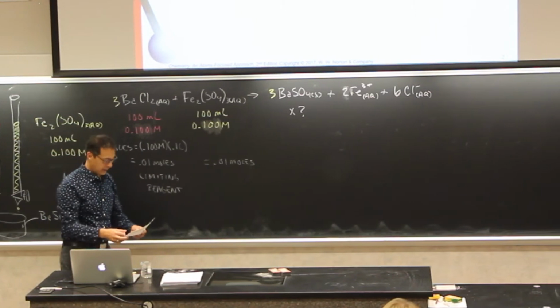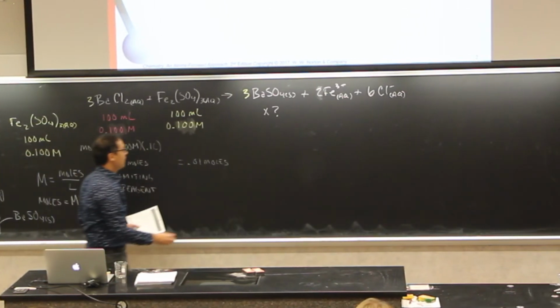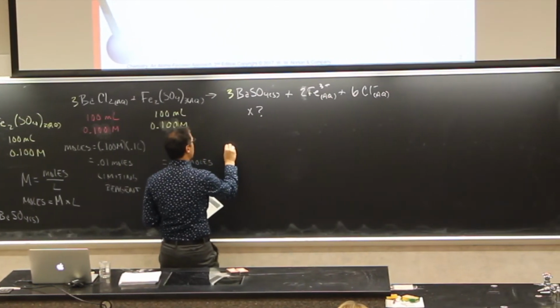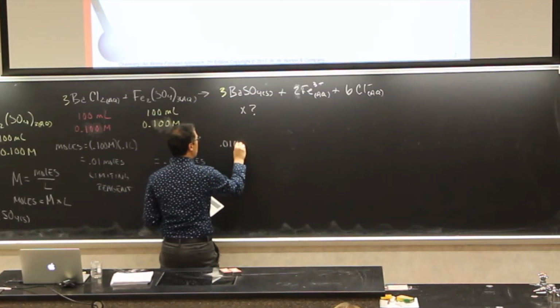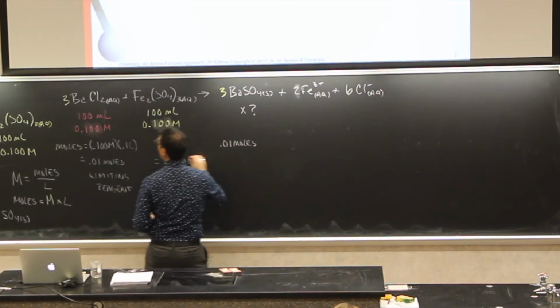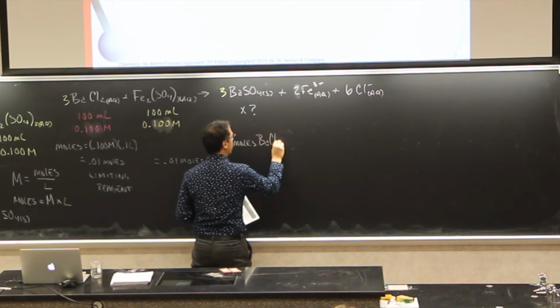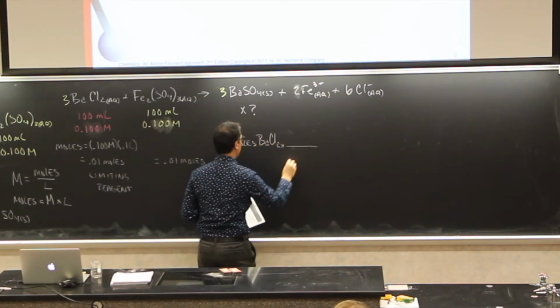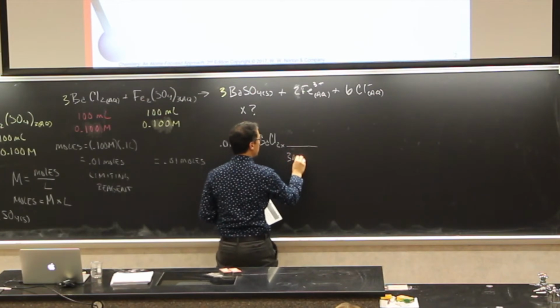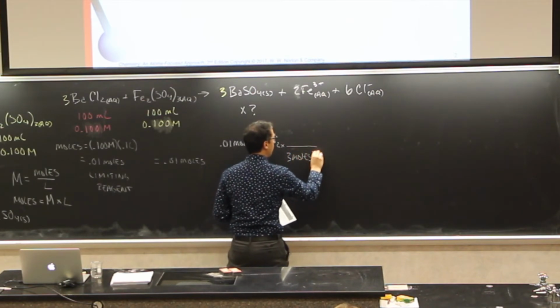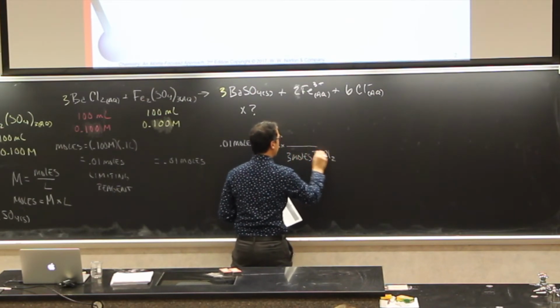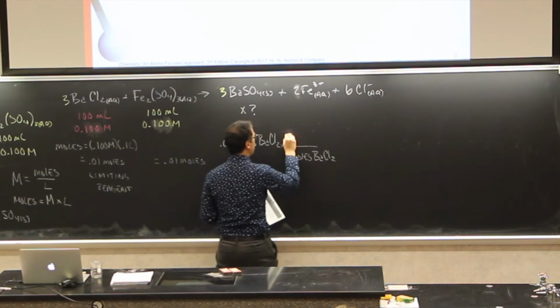Okay. All right, so I'm going to take my 0.01 moles of my barium chloride. And for every 3 moles of barium chloride, I have 3 moles of barium sulfate.